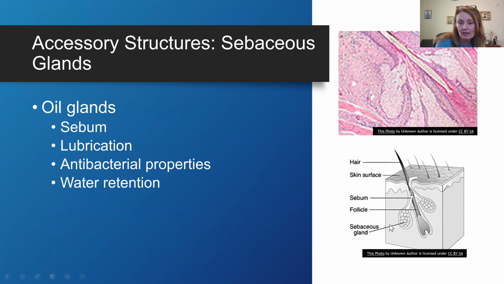And sebaceous glands are associated, you can see over here, with hair follicles and with your hair. So this is a histology slide, and this structure over here, those are sebaceous glands. And this yellow structure, that's hair.